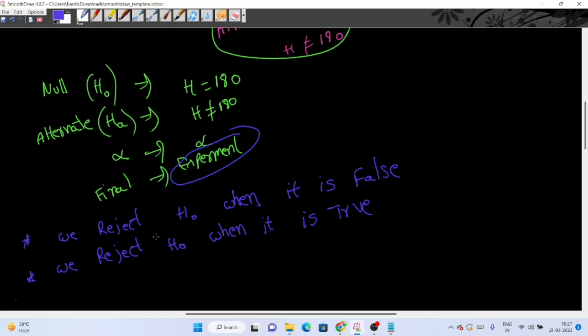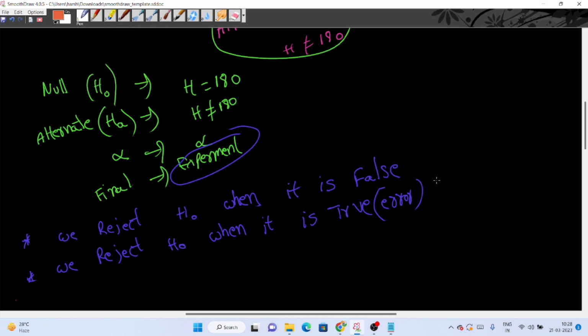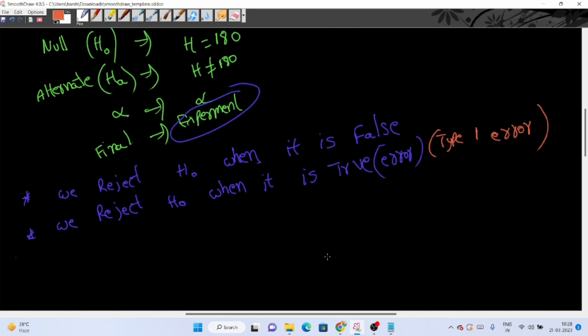But if we reject the null hypothesis when it is true, then this is an error, and there is a specific name for this error called type 1 error. That means even though H is equal to 180, we reject the null hypothesis. So it is called a type 1 error.